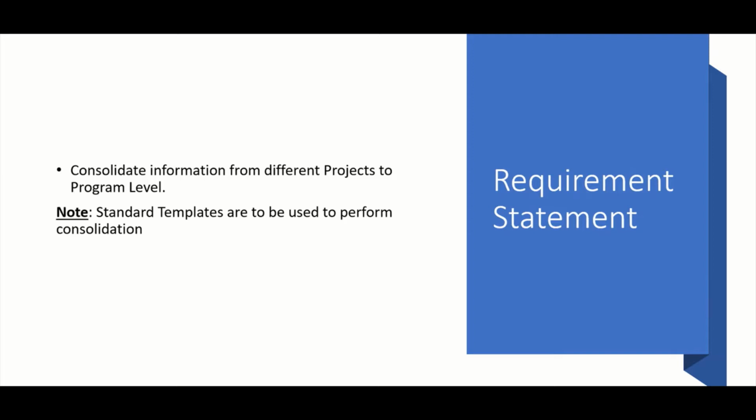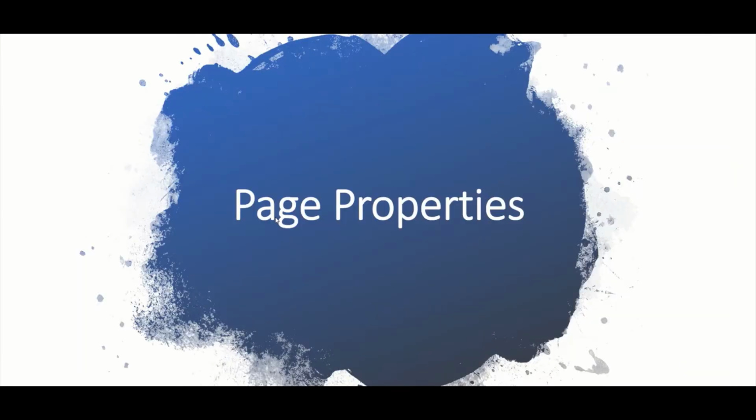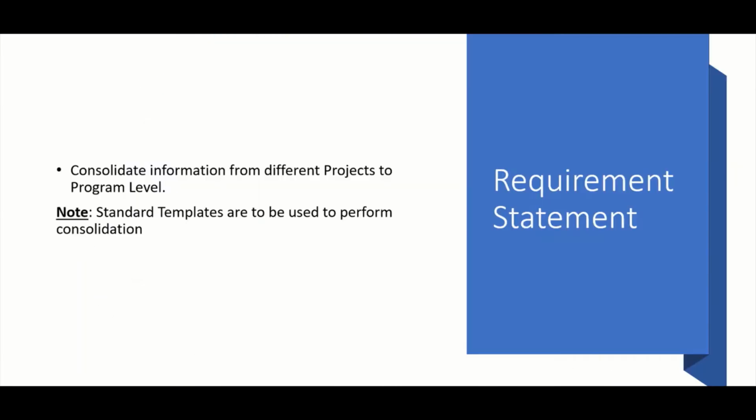Or, for example, if someone is tracking action items for a team and each team member has their own page where they track their action items, and you want to consolidate all of these action items together at the parent page to see what the whole team is doing in a tabular form, we can achieve that by using the page properties macro.